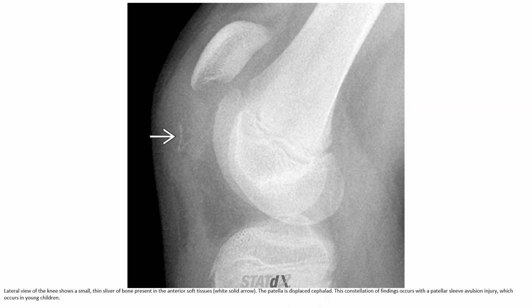The patella is displaced cephalad. This constellation of findings is caused by patellar sleeve avulsion injury, which occurs in young children.